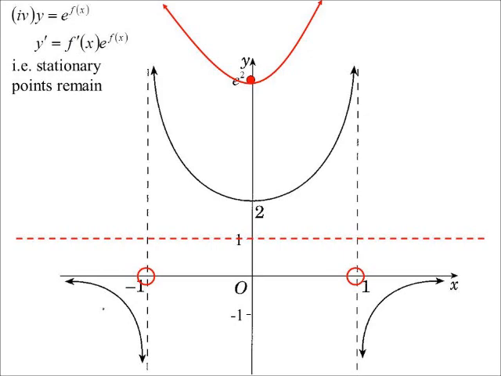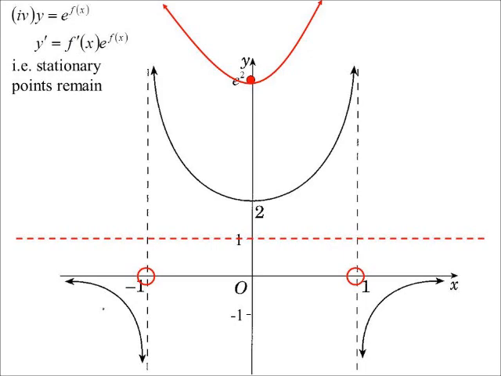How do we tell? Well, what's the difference between the two? I guess the difference is the gradient at that point of discontinuity. One is approaching 0 because it's coming in and going almost flat. The other is approaching a larger number. So let's have a look. Our derivative is f dash x e to the function x.